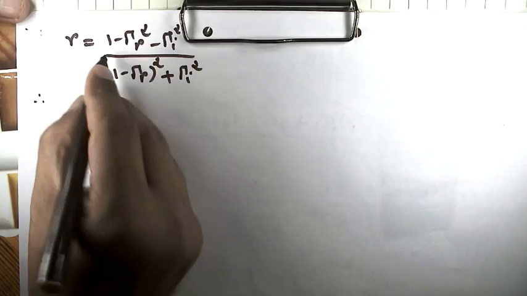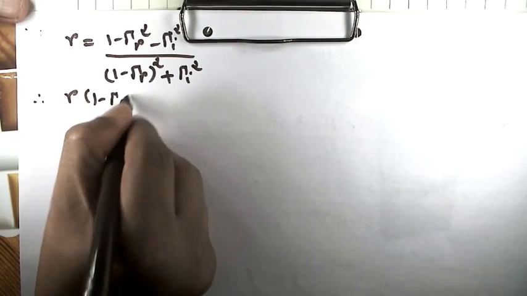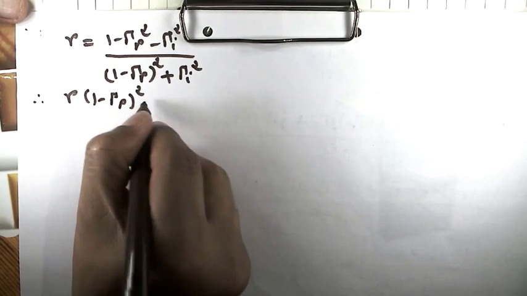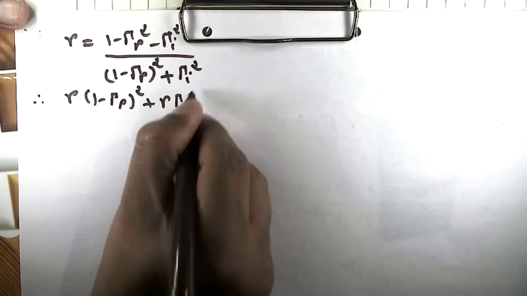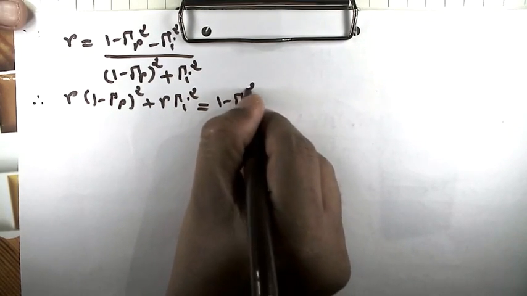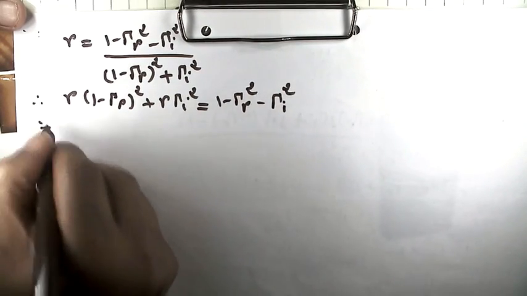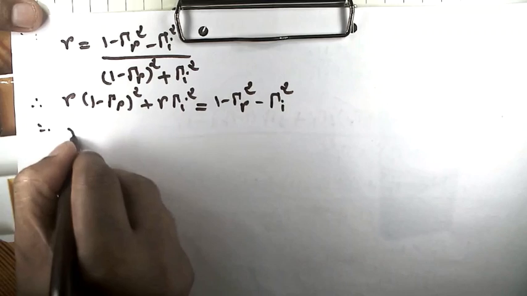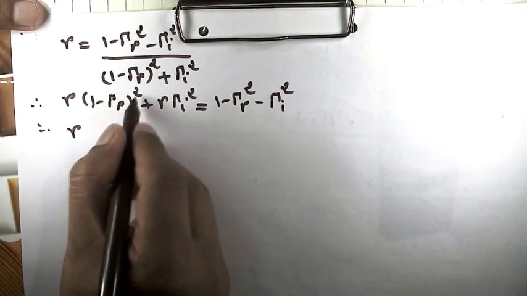So first of all let me multiply. So r into 1 minus sigma r whole square plus r into sigma I square, that is equal to 1 minus sigma r whole square minus sigma I whole square. So this term is nothing but 1 minus a minus b whole square.